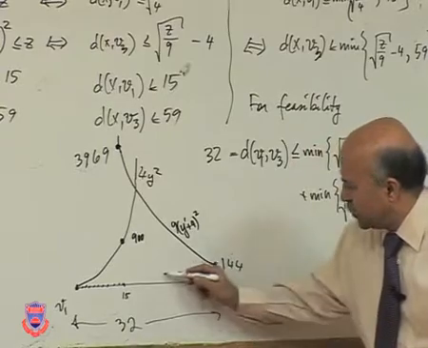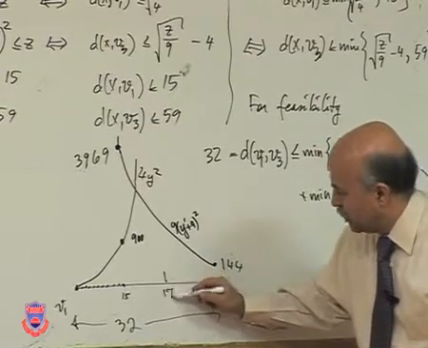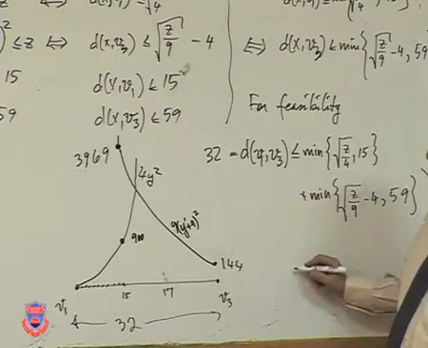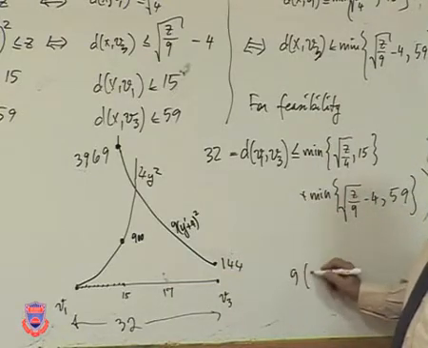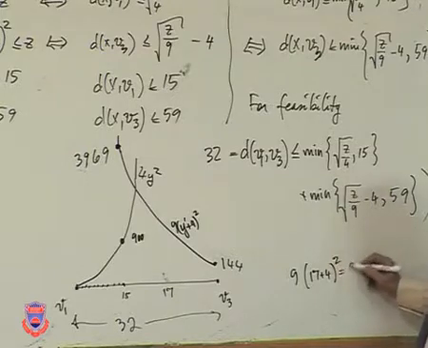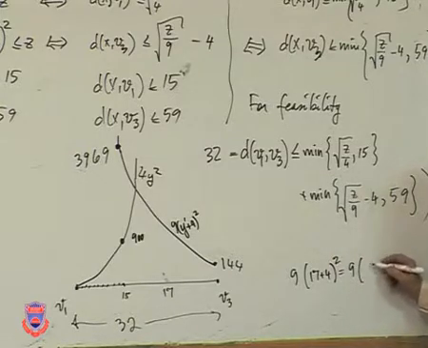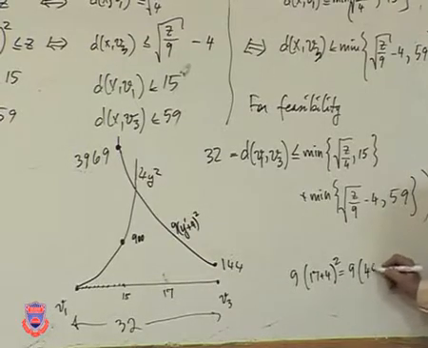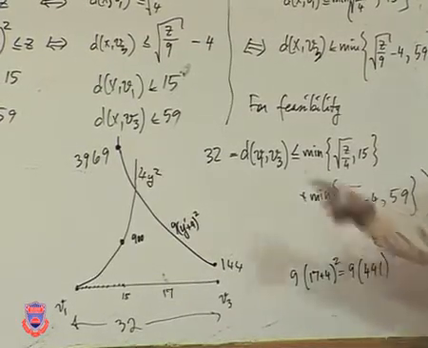So this portion is 17. 17 plus 4. So 9 times 17 plus 4, which is 21 squared. 9 times 21 squared is how much? 3969, okay. And that gives you that much.